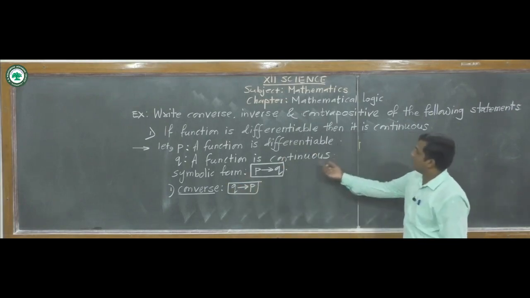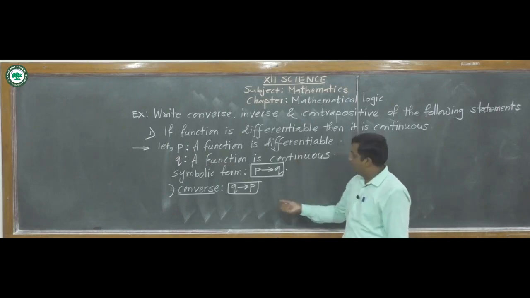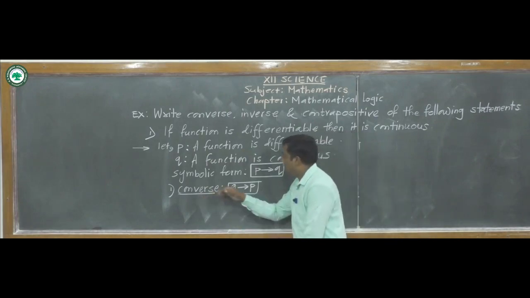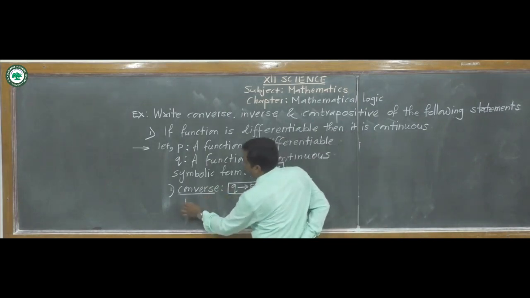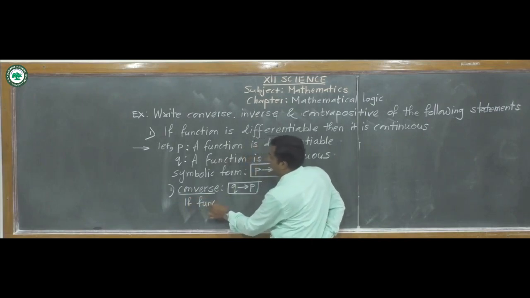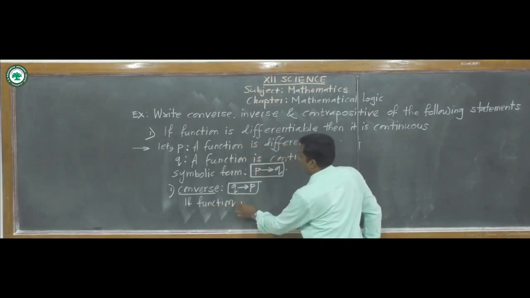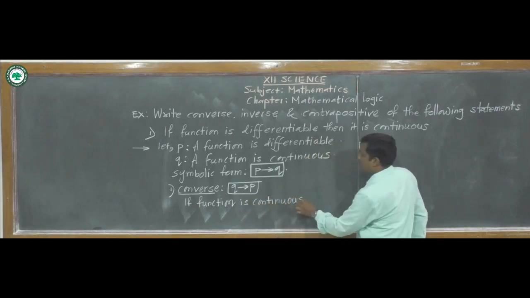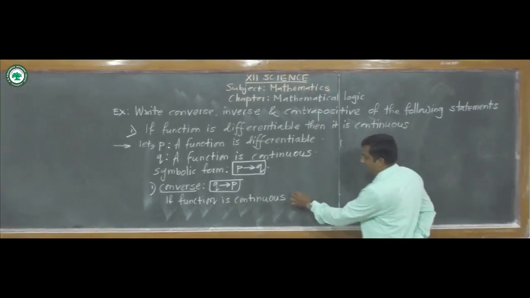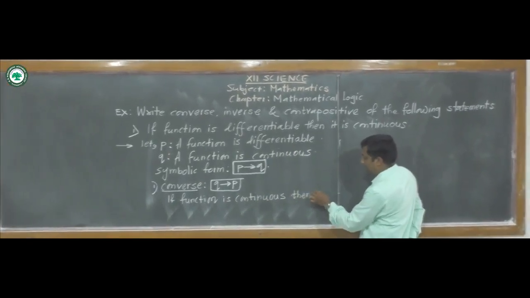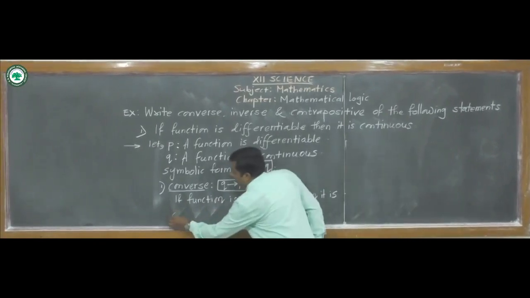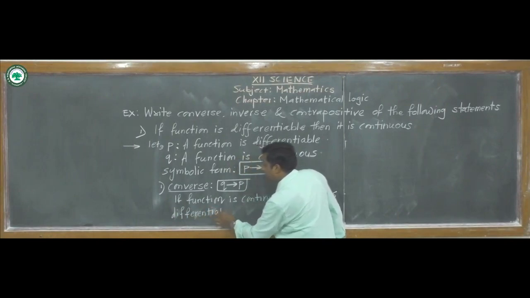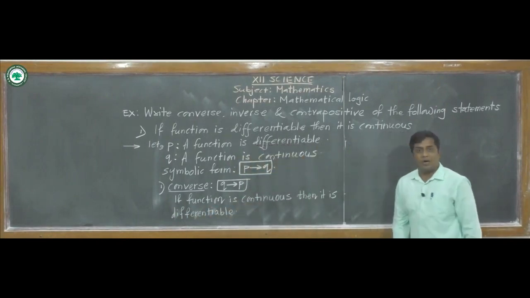Q is a function is continuous and P is a function is differentiable. So here the converse is: if a function is continuous, then it is differentiable. This is for the converse.